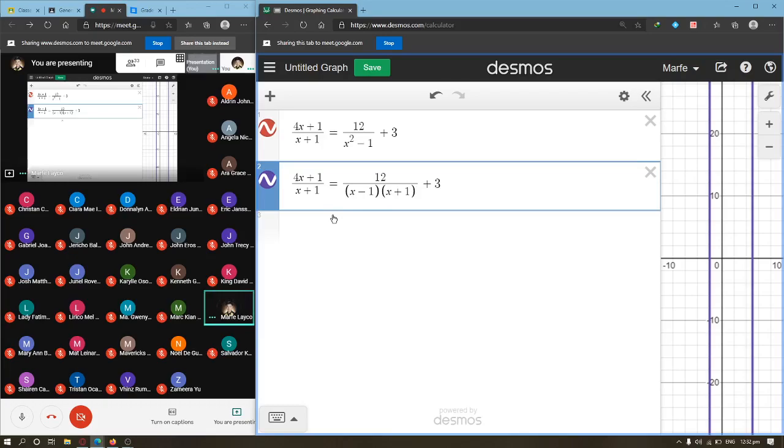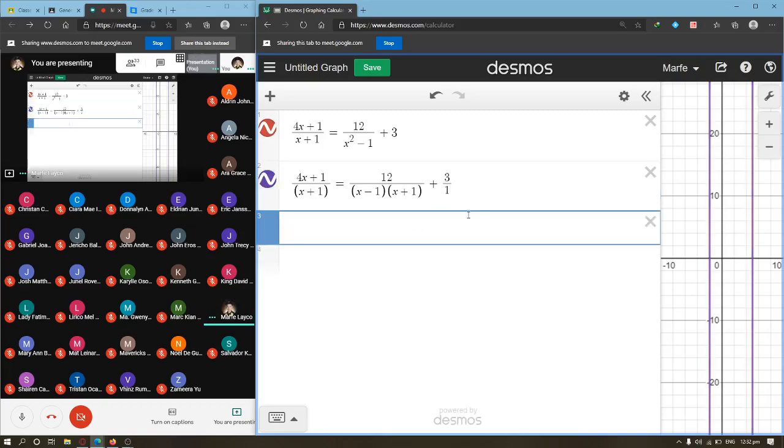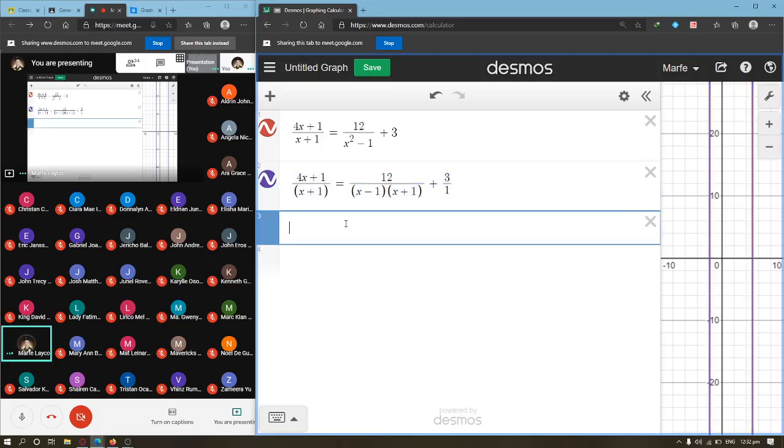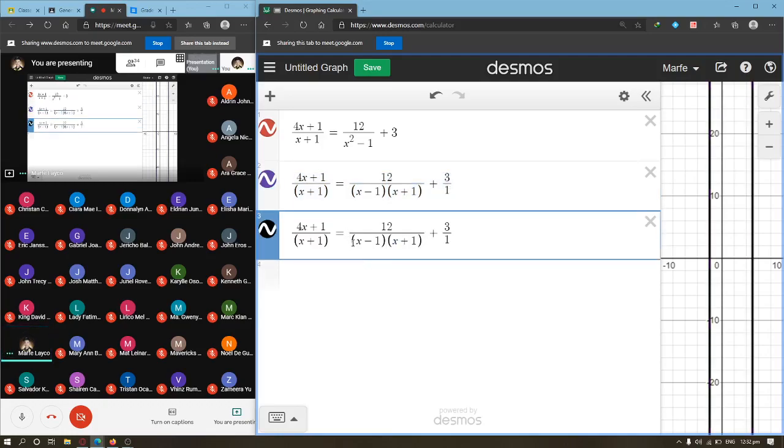Okay. So, as you can see, ito, x plus 1 yung denominator. Yung 3, since whole number, automatic, our denominator is 1. Okay. Since nakita na natin yung buong rational form nila, we will get the LCD. And our LCD is x minus 1, x plus 1.